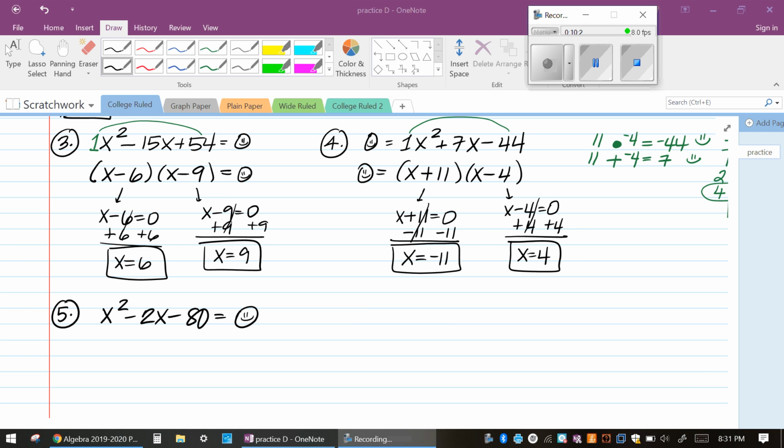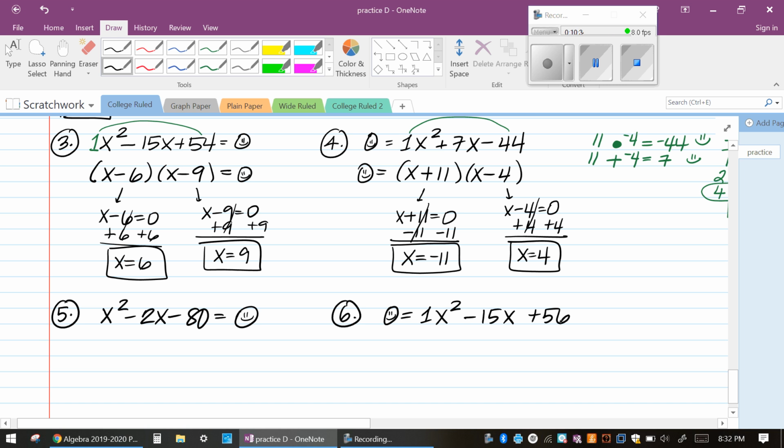Okay, luckily, number 5 and number 6 are also trinomials with a leading coefficient of 1. So for number 5, you have to find two numbers that multiply to negative 80 but add to negative 2.